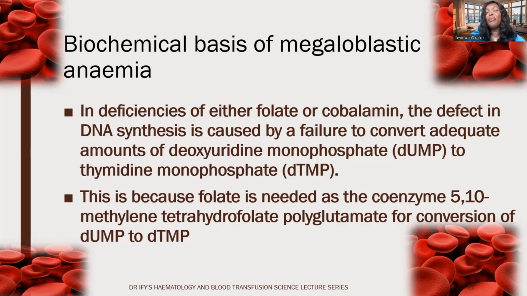In that reaction, B12 is involved as a coenzyme in the form of methylcobalamin, and 5-methyl tetrahydrofolate is converted to tetrahydrofolate. This tetrahydrofolate is what is involved in the conversion of deoxyuridine monophosphate to thymidine monophosphate.